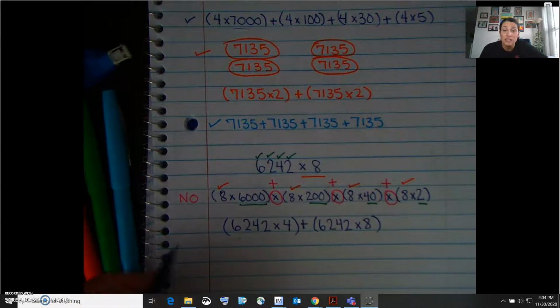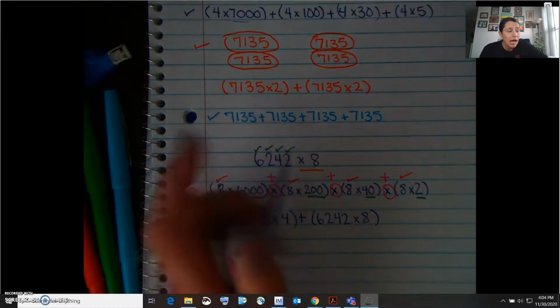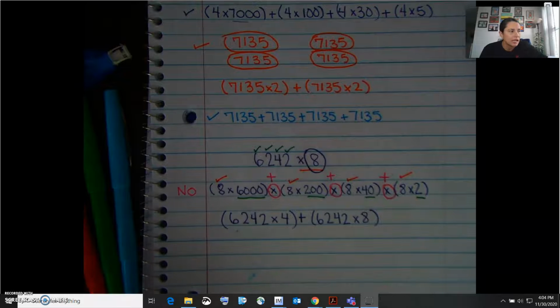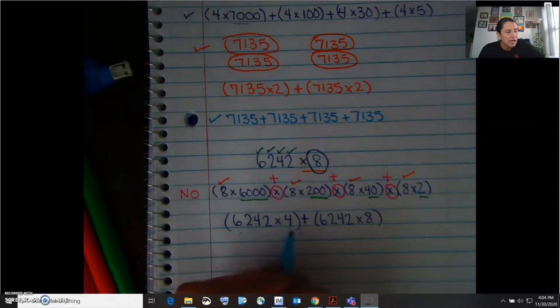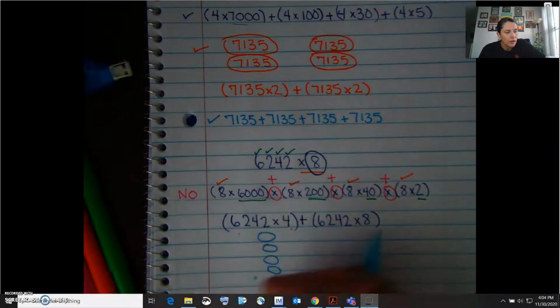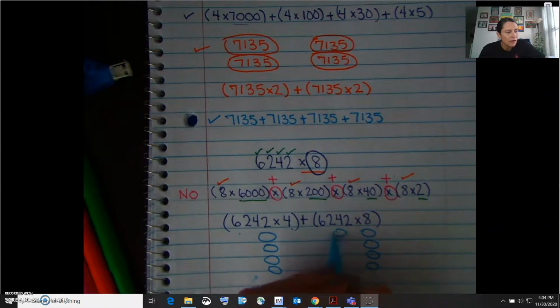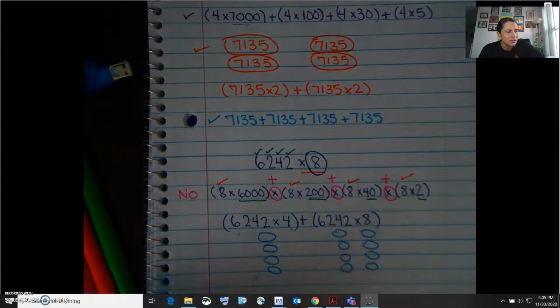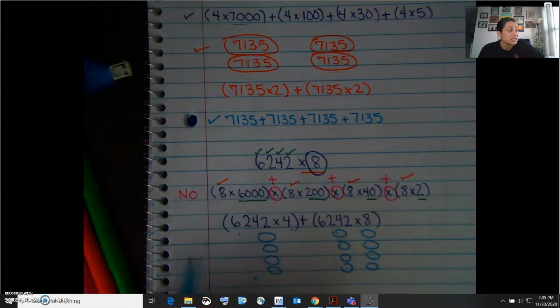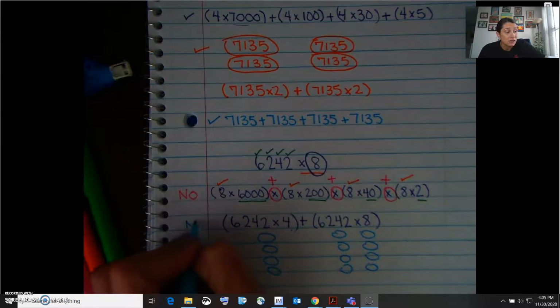Okay, so knowing this is looking for groups, how many groups total do I need? I need 8 groups total. So this side I have 1, 2, 3, 4. On this side I have 1, 2, 3, 4, 5, 6, 7, 8. Well, right away, is that 8 groups or is that more than 8 groups? That's more than 8 groups, so this does not work.